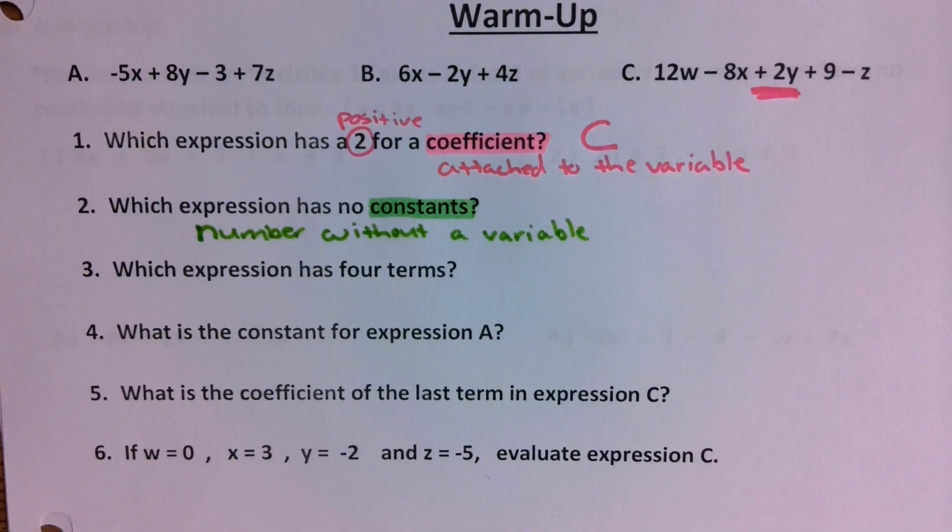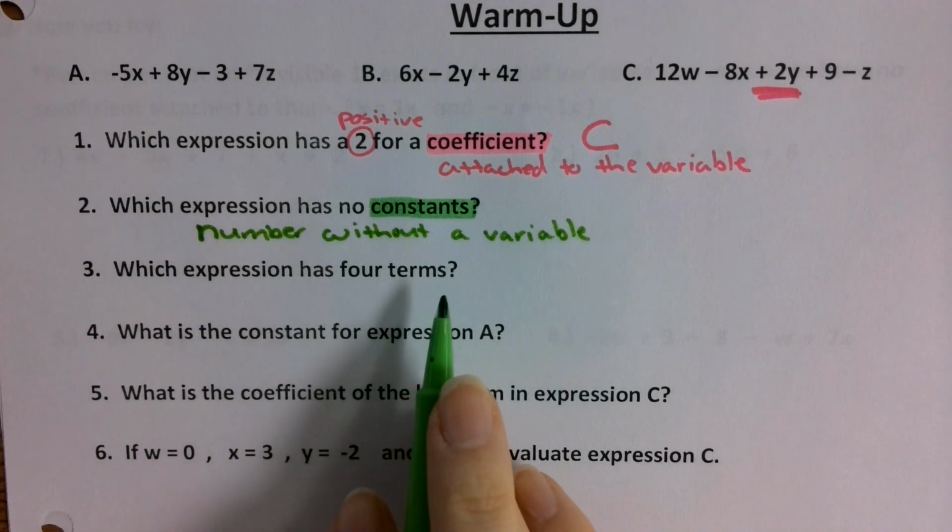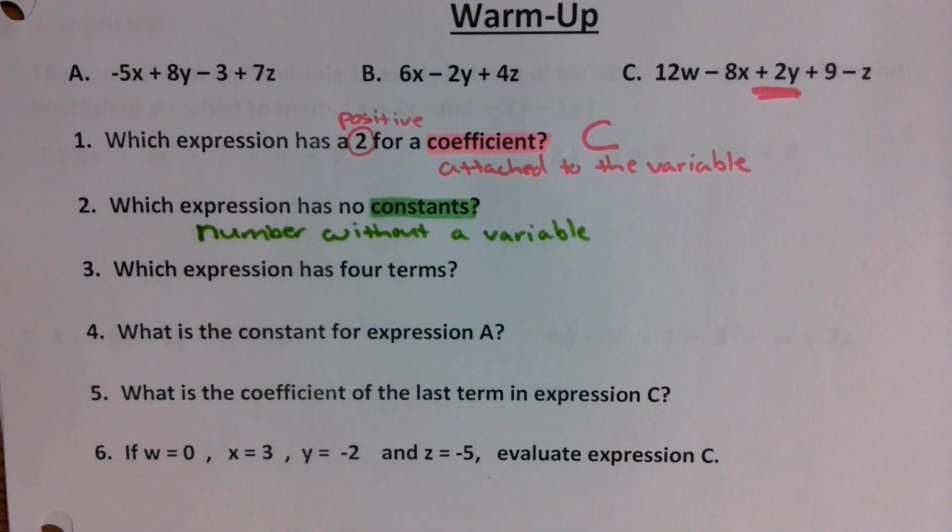It's a number that does not have a variable at all with it. So do we have any expressions up here that have no constants? If there's no constant, it means there are only variables with their numbers. Diana? B, right?